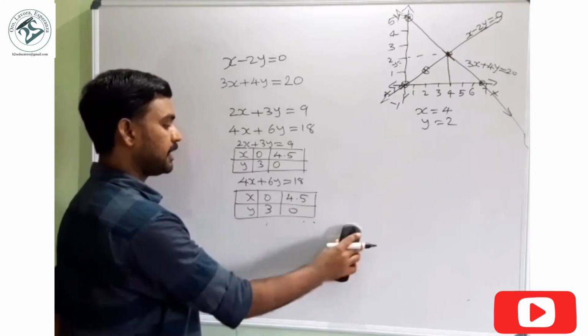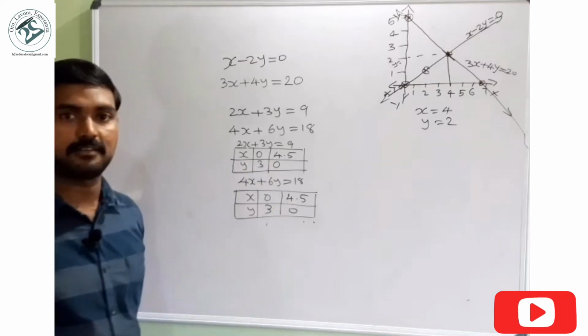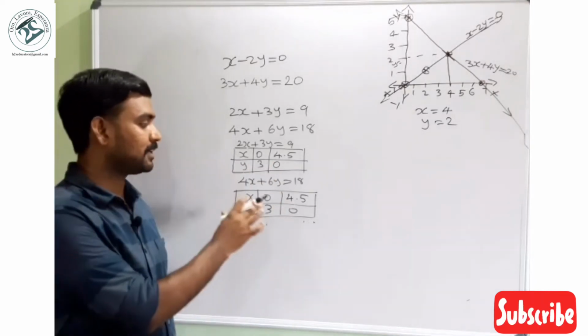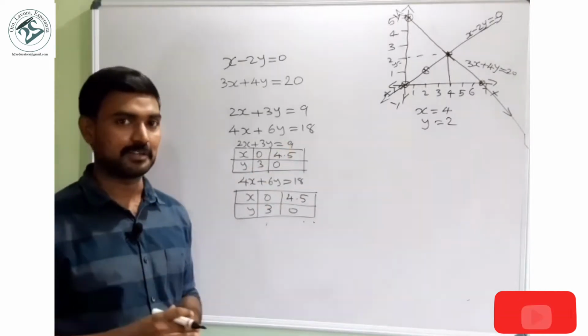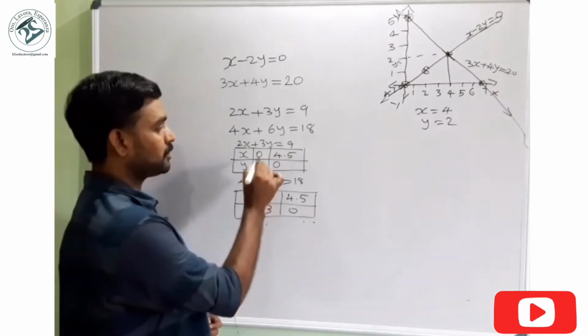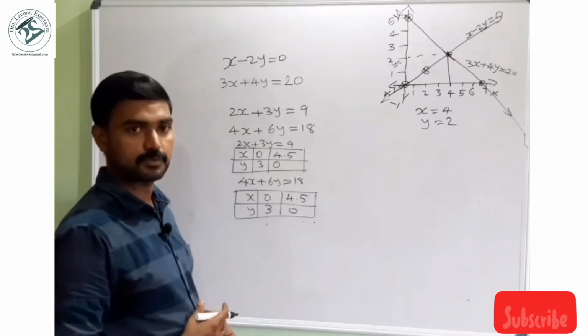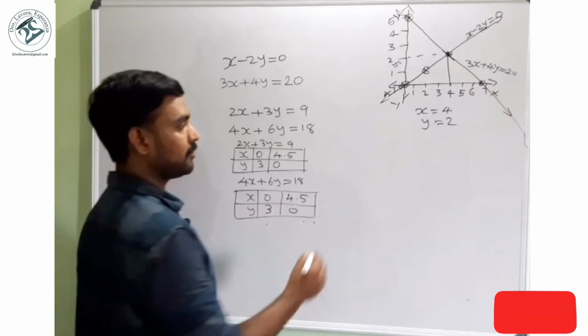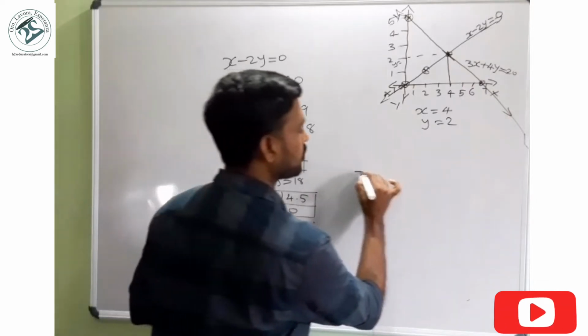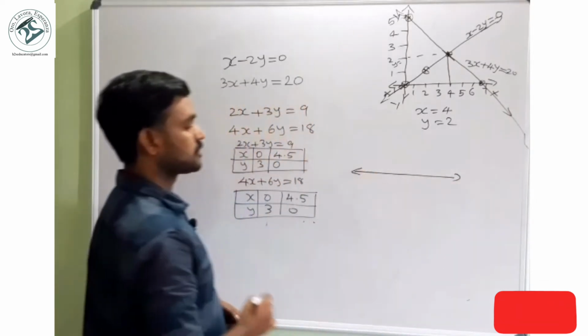Can you see any similarity in these two tables? Yes, both of the tables are the same. So when we plot on the graph, it will be the same line. So we can draw the graph. First we have to observe the smallest and highest values. Here x smallest value is 0, highest is 4.5. So when we draw the x-axis, we want to include 0 and 4.5.